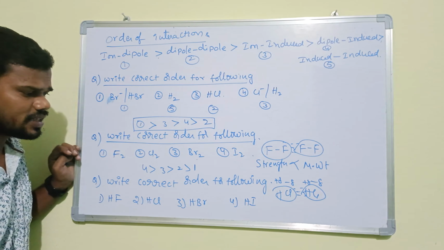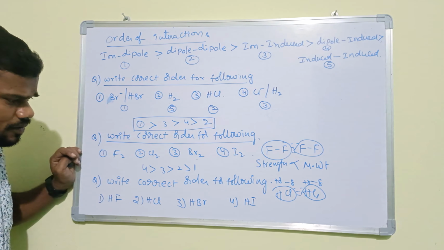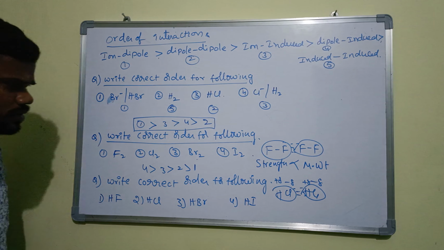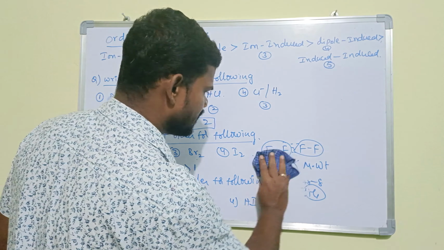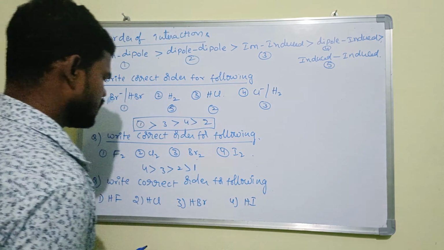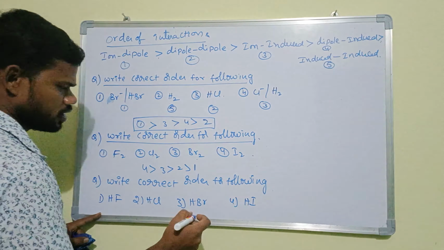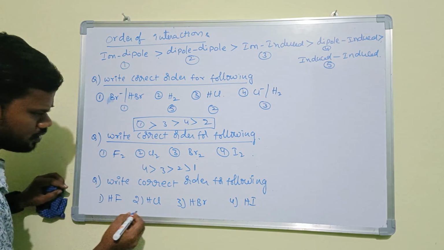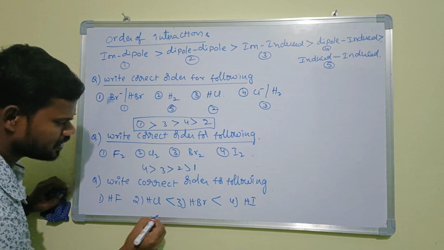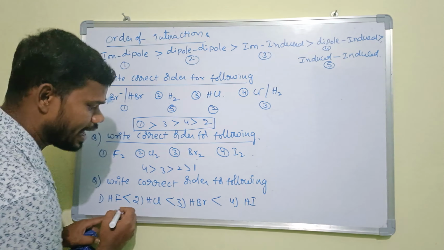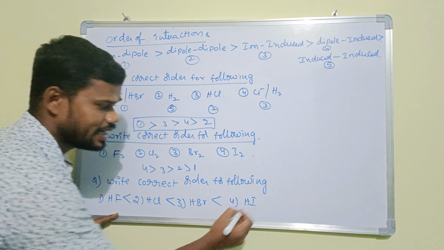So all have dipole interaction. What is the correct order we have to write here? If we write that the HI molecule, the fourth one, is less than HBr, which is less than HCl, which is less than the HF molecule, it is completely wrong.